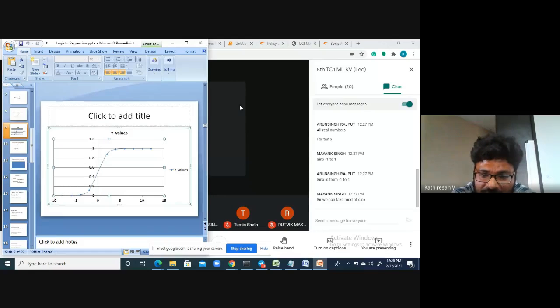Also, just plot a graph for mod of sin x in your machine, then I will see how the curve looks like and why that is not suitable for this. Mayank is telling, okay, mod of sin x from minus 1 to 1.